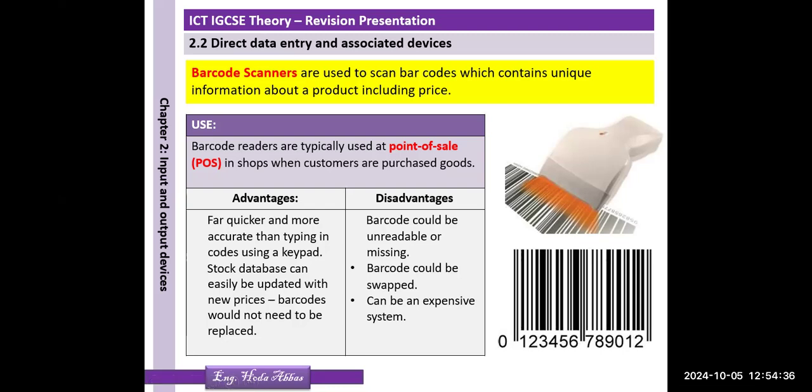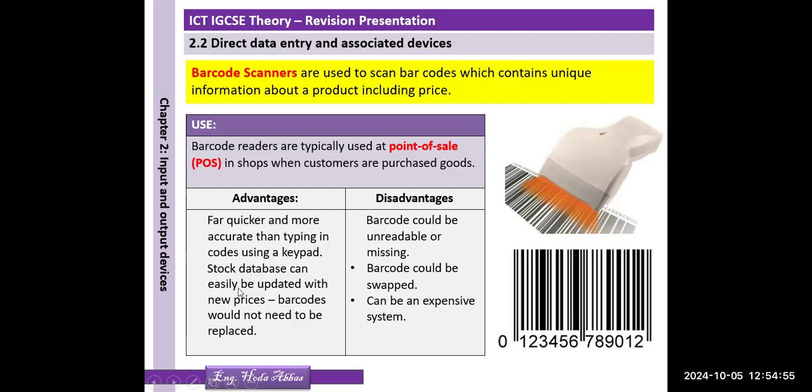The cashier will take the keyboard and insert these numbers: 0, 1, 0, 1, 2, 3, 4, 5, 6, and so on. So, advantages: far quicker and more accurate than typing in codes using a keypad.